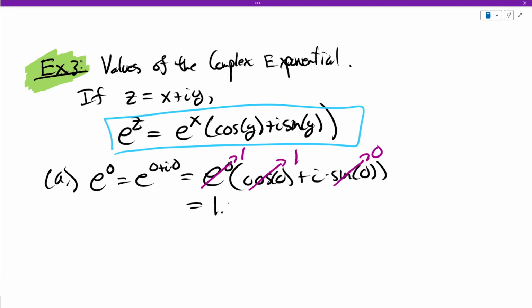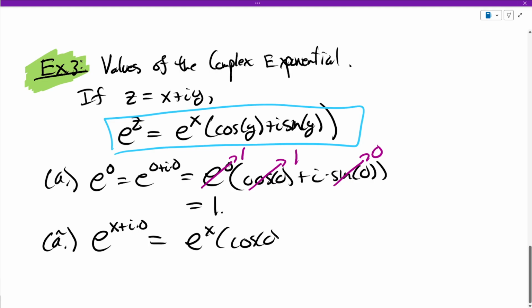Whenever you're plugging in a purely real number, it would be bad if this somehow differed from the usual definition of the exponential. So let's just check what happens on purely real expressions real quick. That's going to be e to the x times cosine 0 plus i sine 0, if we just use the formula where the real part is x and the imaginary part is 0.